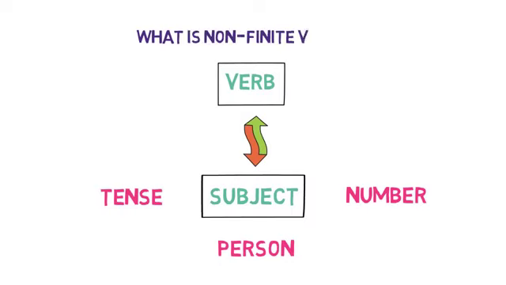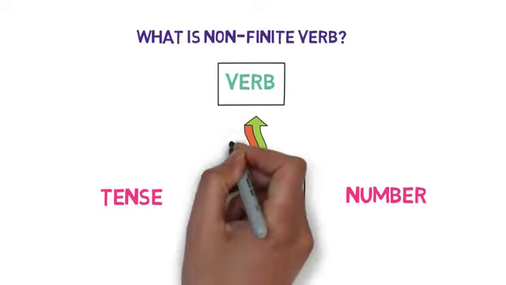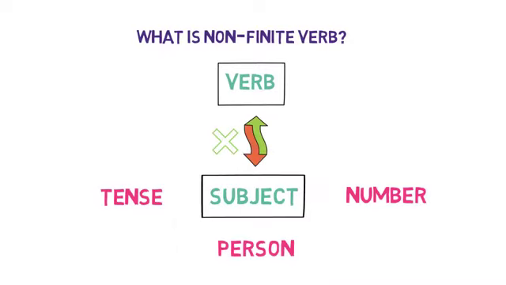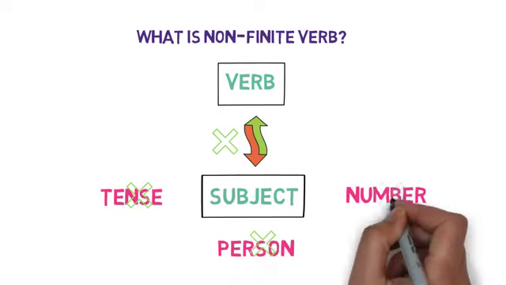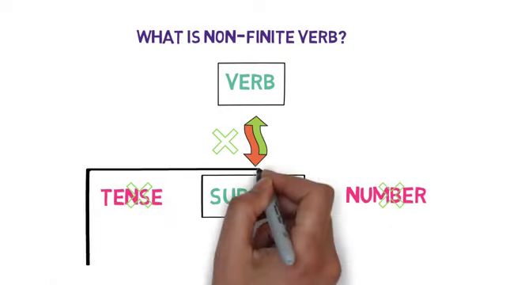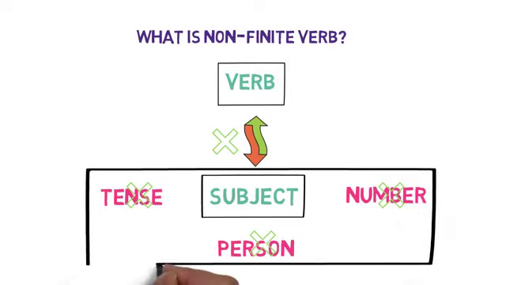So what is a non-finite verb? Non-finite verbs don't have any agreement with the subject. That is, they are not limited as per the change in the subject. They don't change as per tense or as per person or as per number of the subject in the sentence.